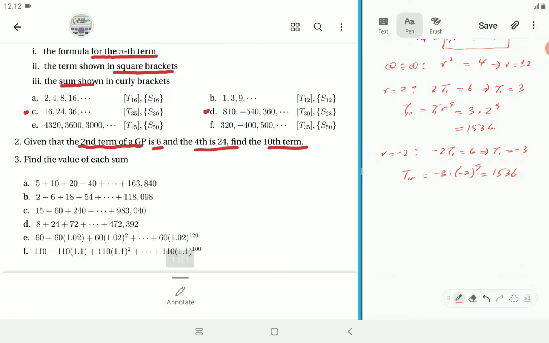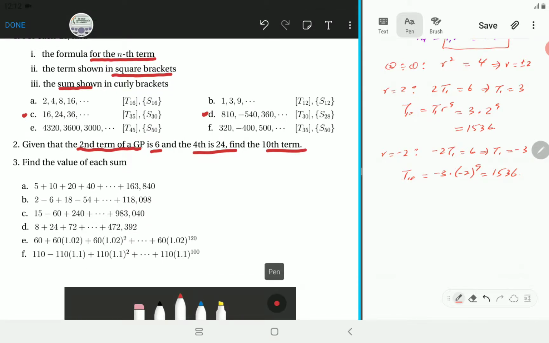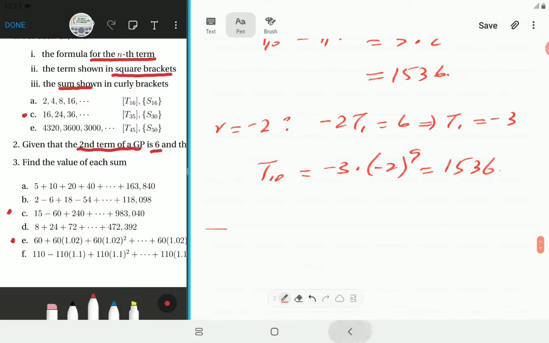We are going to do C and E. So in C we've got 15 minus 60 plus 240, etc., and then it goes all the way to 983,040. So let's see how this is going to work out.